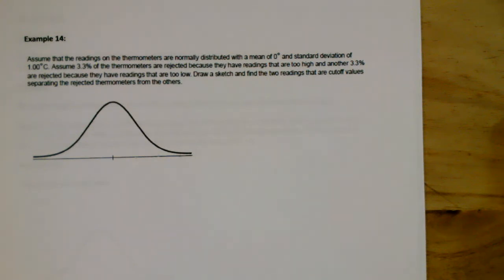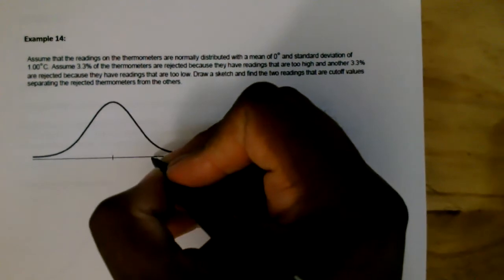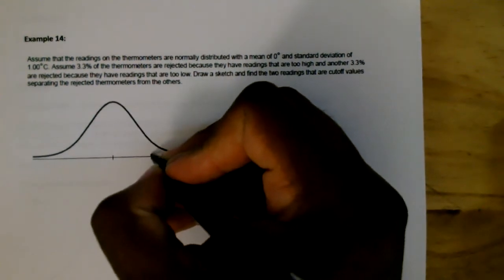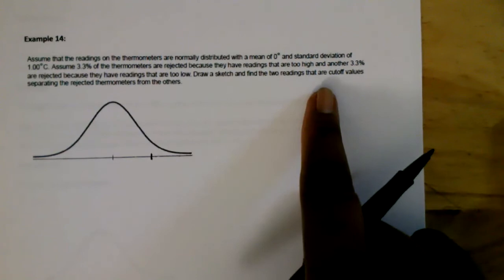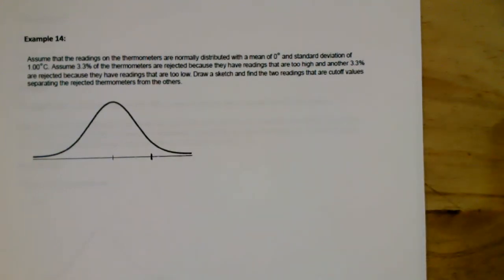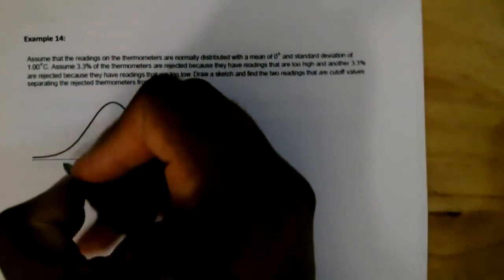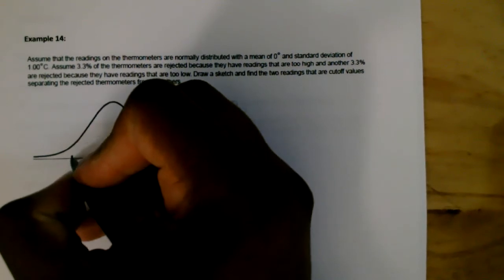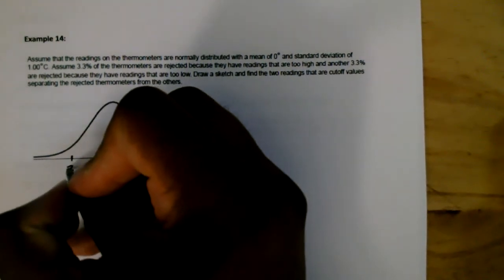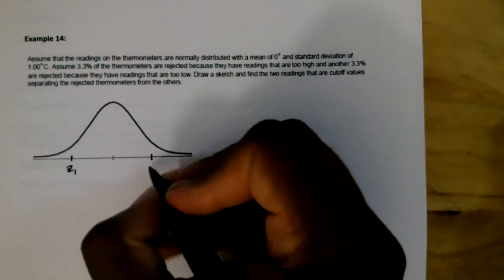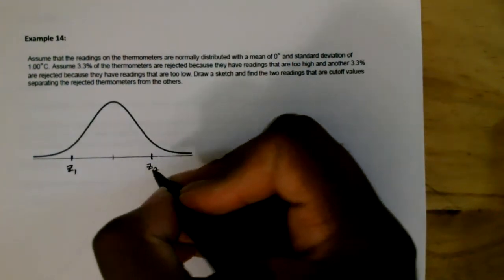Okay, so we know 3.3% are rejected because they're too high. So we know we got a z-value over here somewhere. And 3.3%, another 3.3% are rejected because their readings are too low. I'm going to call the one on the left Z1 and the one on the right Z2.